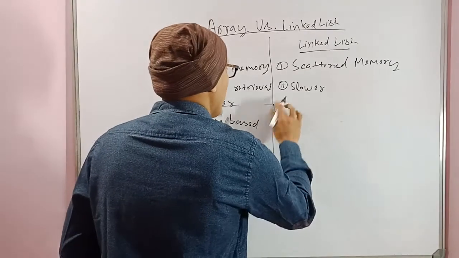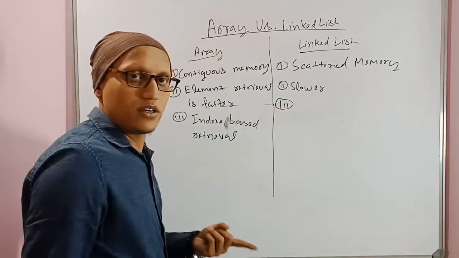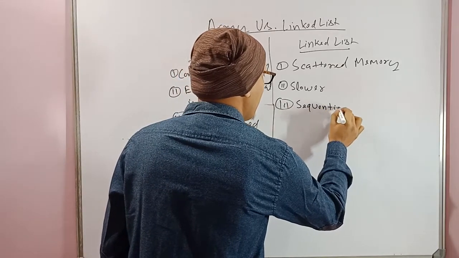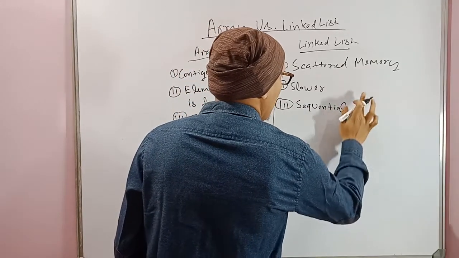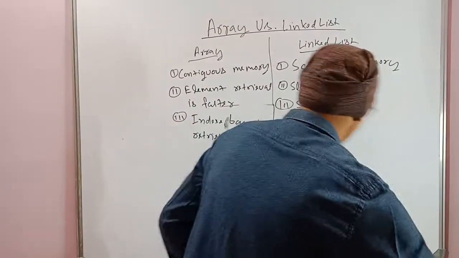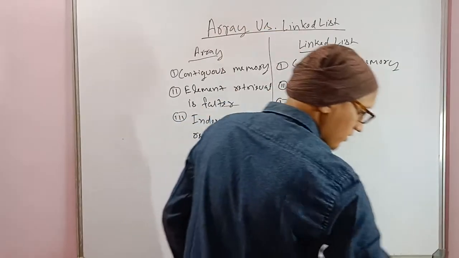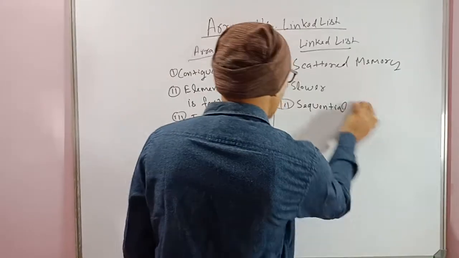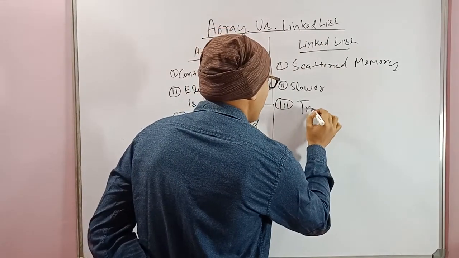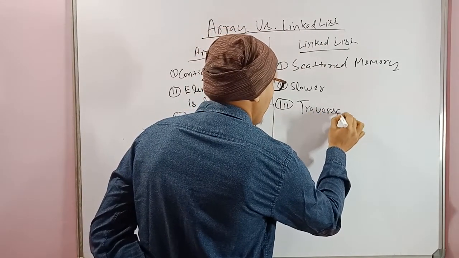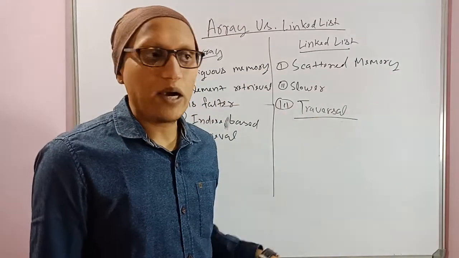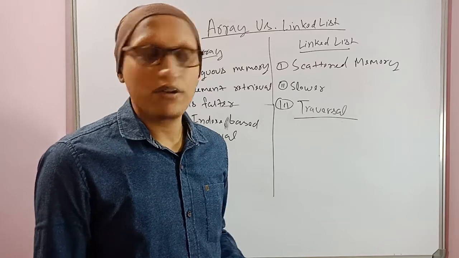If you want to visit the third element in a linked list, you will have to do sequential iteration, or you can say traversal. So I have to traverse to that particular element, then only I can find it.